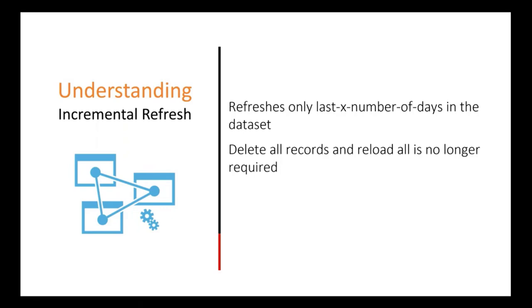But with incremental refresh, it is not required. The reason is it just takes data related to the number of days you have set, and then those records will be just replaced. So you're not going to see 5 minutes, 10 minutes, even 1 hour for refreshing. It just takes data related to the number of days you have mentioned and then refreshes that data set.